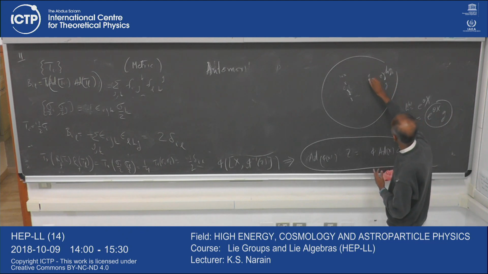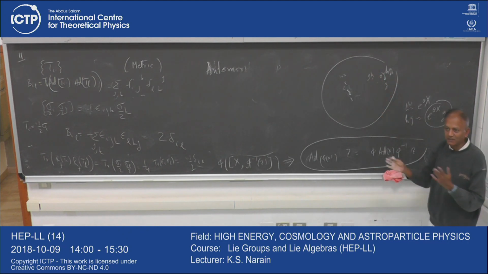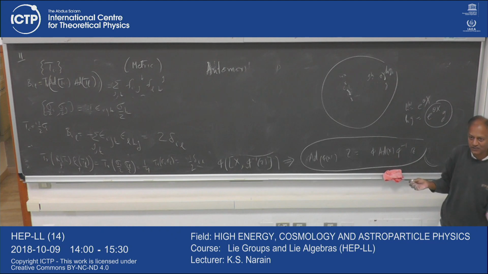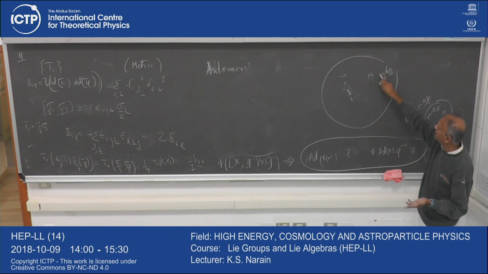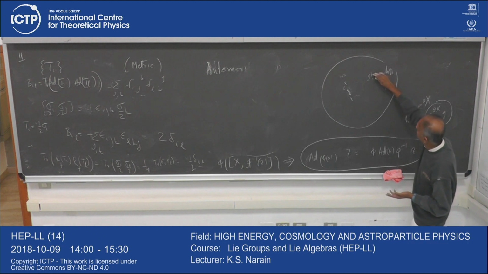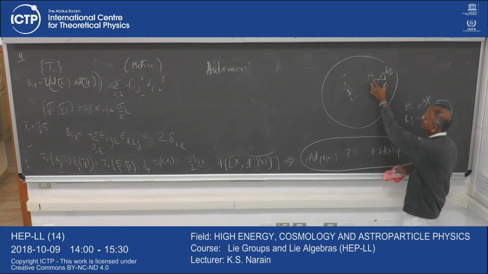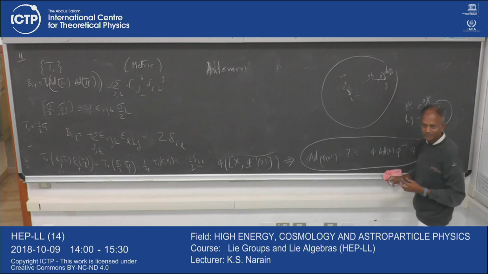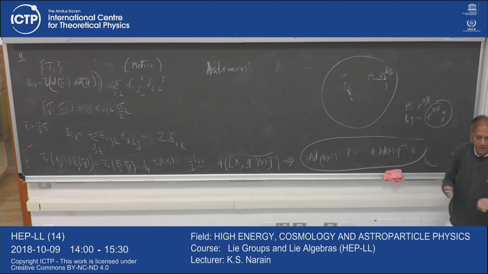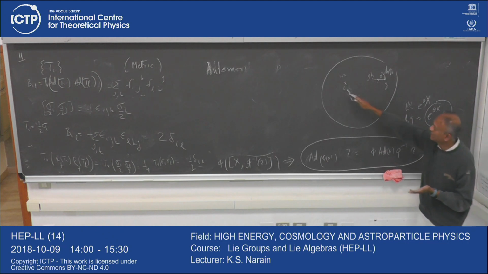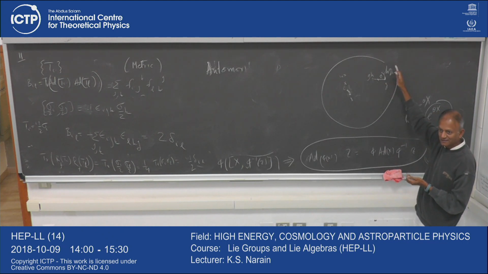gh may be some other point, because it's not commuting. hg is not the same as gh. These two are in general different points. But nevertheless, this will also be very close to that. So you could have defined that this distance, I'm magnifying it, actually it's very close, is the same as that distance. So you have two ways you can extend this metric everywhere else.